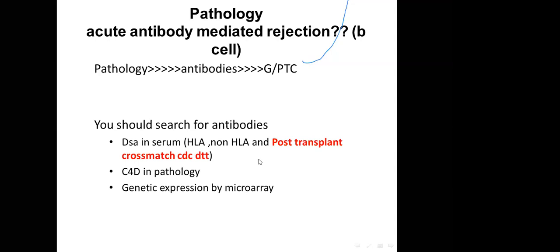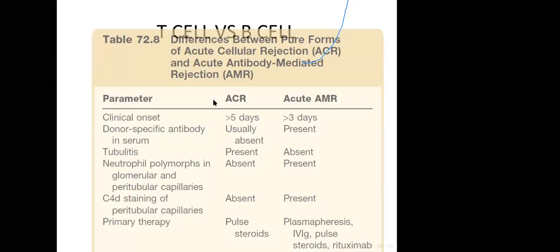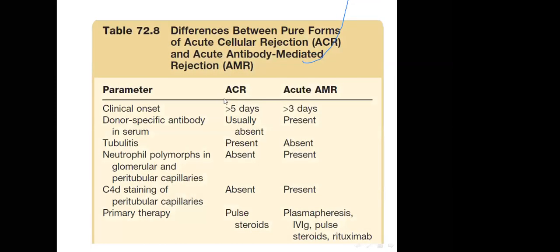Okay? So if we compare T cell mediated rejection versus antibody mediated rejection in the graft, this is the summary. In cellular rejection, you will find tubulitis and severe interstitial nephritis. But in acute antibody-mediated rejection, you will find what is called glomerulitis and peritubular capillaritis.